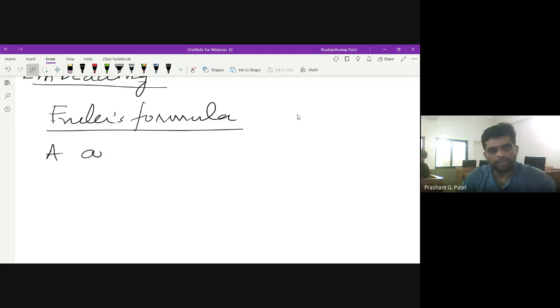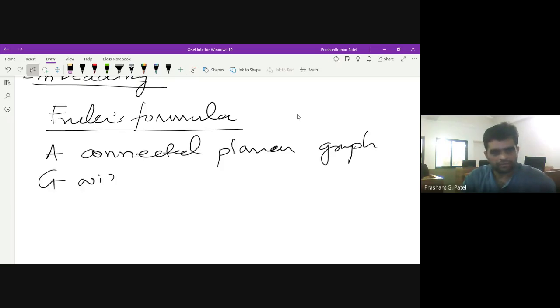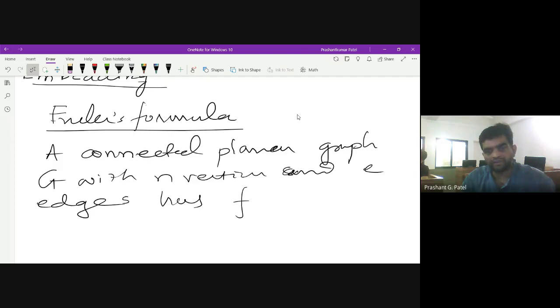A connected plane graph, a planar graph G, with n vertices and e number of edges has how many faces? It has e minus n plus 2 faces.